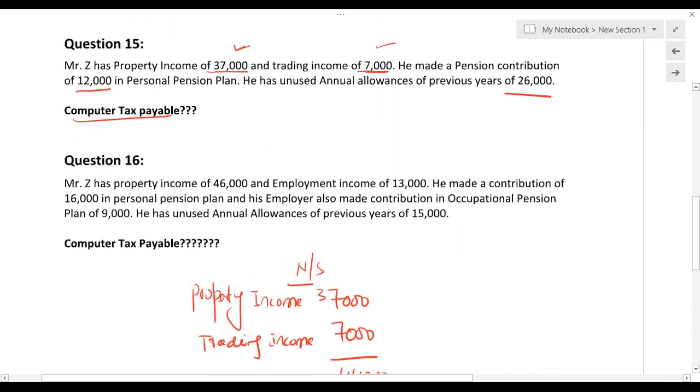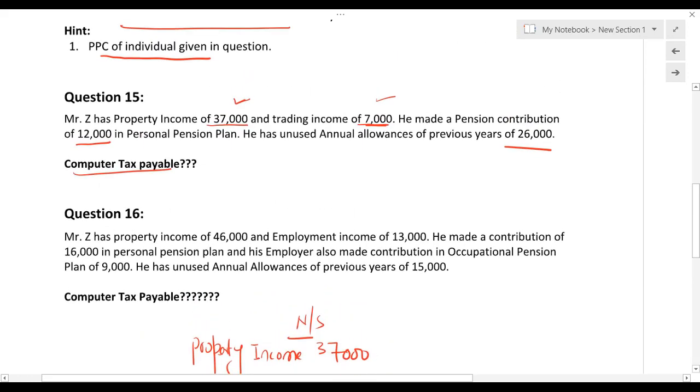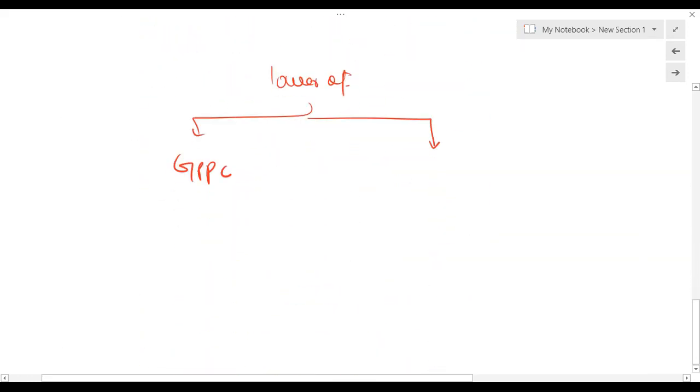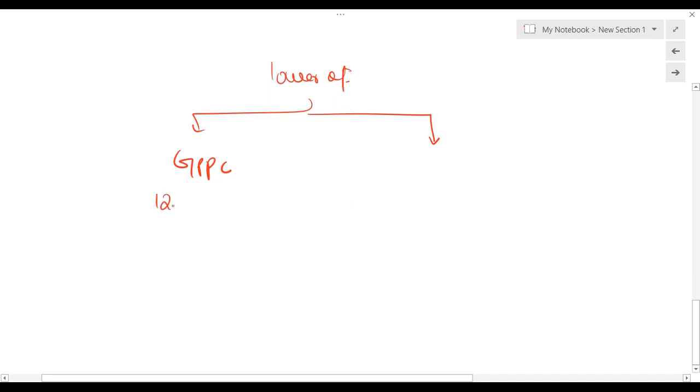Gross PPC in this question is 12,000 net. If I make it gross, it becomes 15,000. Okay. Higher of then. Higher of is 3,600.